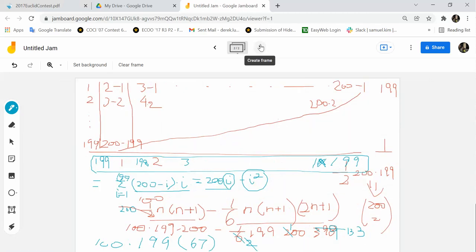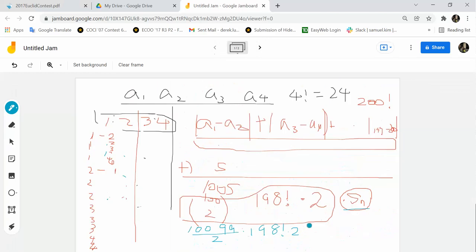So it's 199.67 times 100 and 99 and 67. So that's one. We're calculating here, right? So we need to divide by 200 factorial, right? Now here we can do something like, oh, 2 cancel here, this one cancel here, this one should be 200 times 199, right?